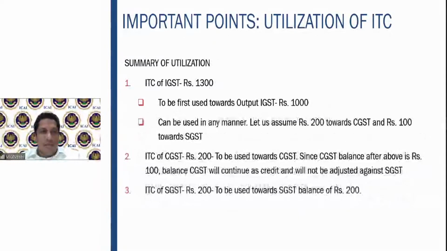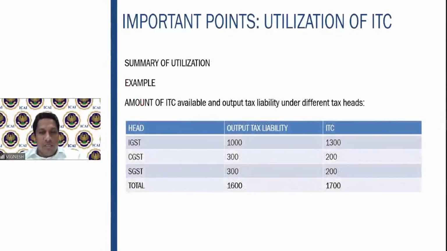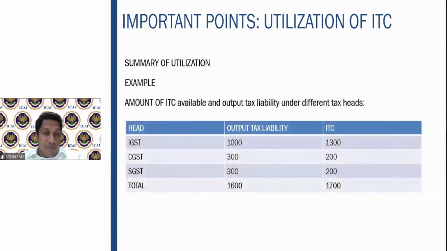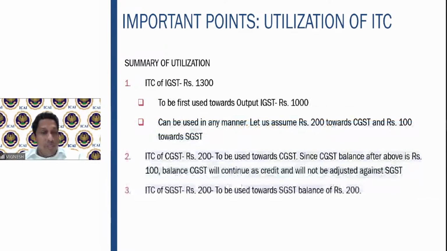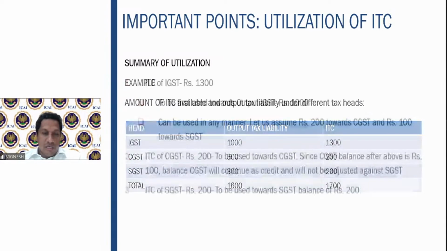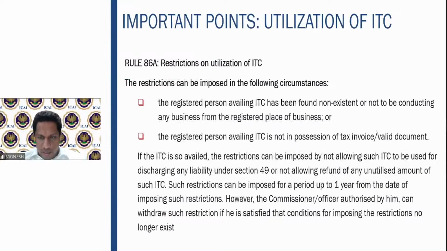So 1300 is first used for output IGST, then 300 is used as 200 for CGST and 100 for SGST. Then the ITC of CGST, 200, is used against the CGST balance of 100 rupees, and the excess credit will continue as it is. And whatever SGST credit of 200 is there is used towards the balance of SGST liability and completes it. Fine. I hope this is clear.